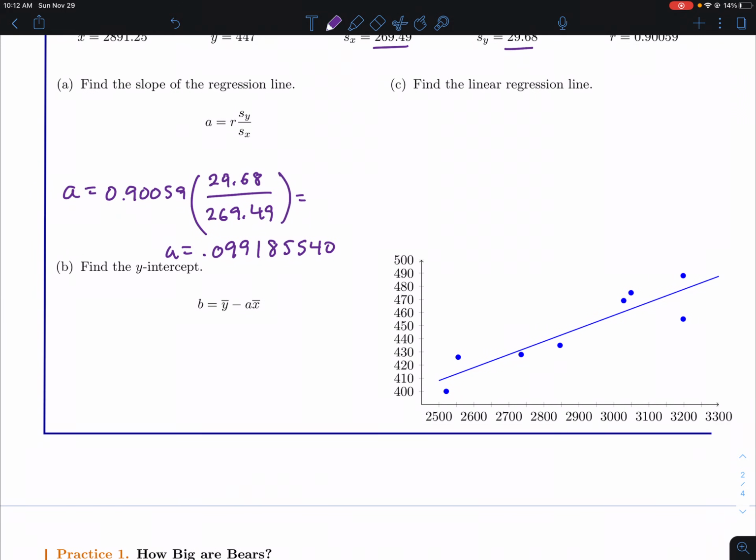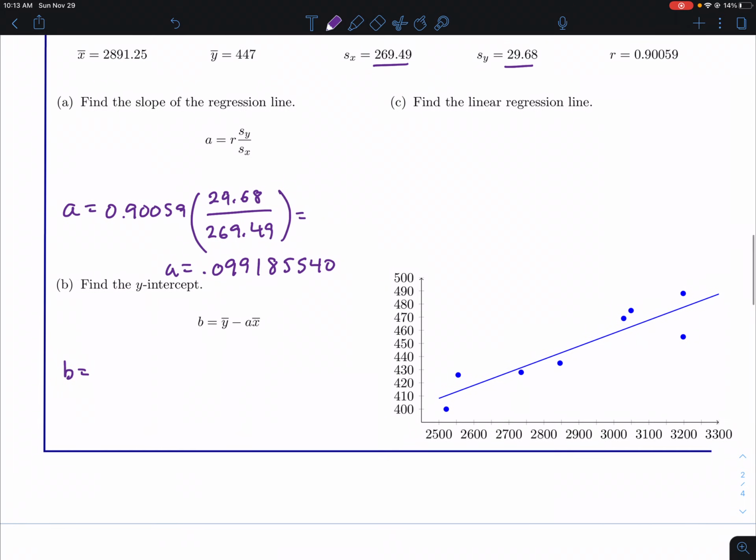Our B value is going to be the sample mean of y, 447, minus this long A value we just found, 0.099185540, multiplied by the sample mean for x, 2891.25.